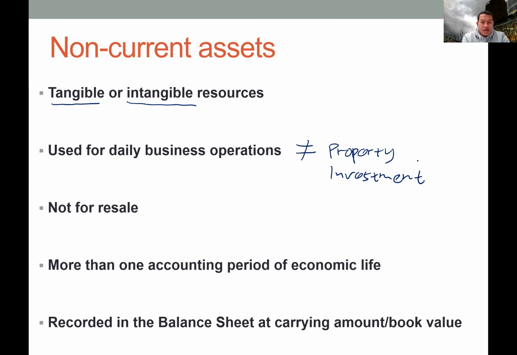And the company also intends not to resell this asset. So this differentiates a non-current asset from inventory. For example, if a company purchases a vehicle and they intend to resell this vehicle to another company or to their customers, they cannot record this vehicle as a non-current asset.